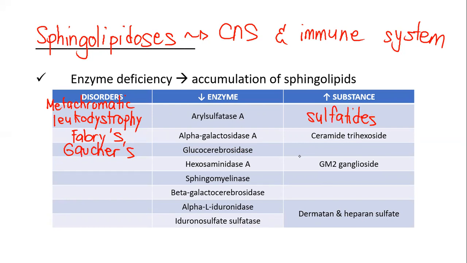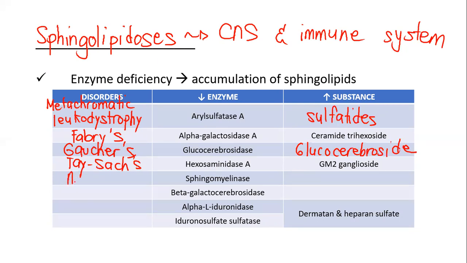Thus, the accumulating sphingolipid would be glucocerebroside. Okay. Next would be Tay-Sachs disease. So the deficient enzyme would be hexosaminidase A. And the accumulating substance is GM2 ganglioside.